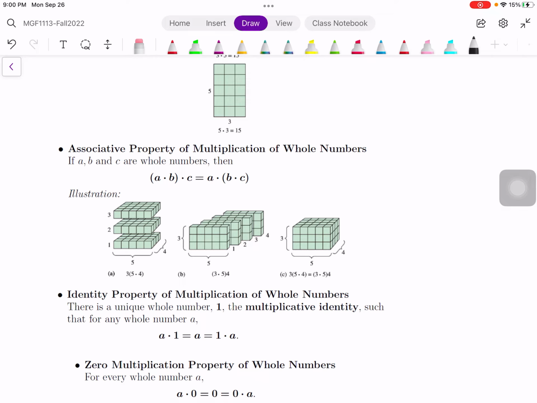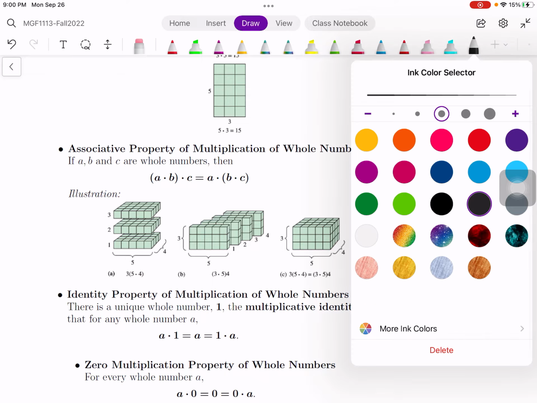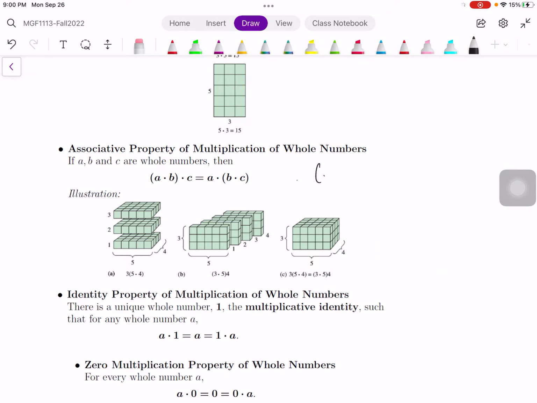Let's look at the associative property of multiplication. Just to connect the dots, we had the same for addition. When we added, we were able to move the parentheses one to the left, because it didn't really matter which pair we added first, as long as we added neighboring terms. I could have added A with B or B with C first.